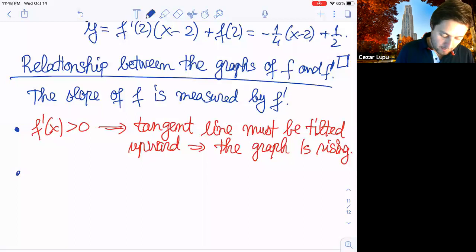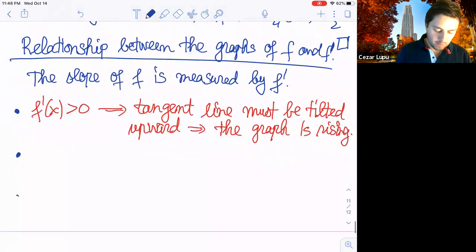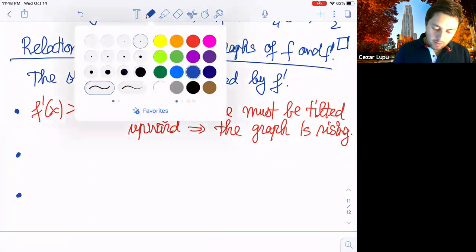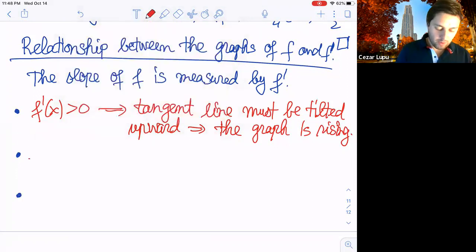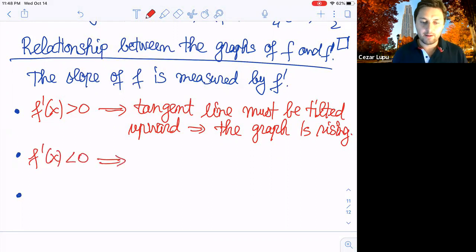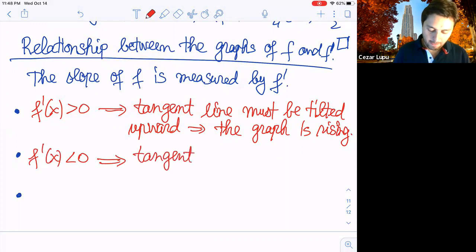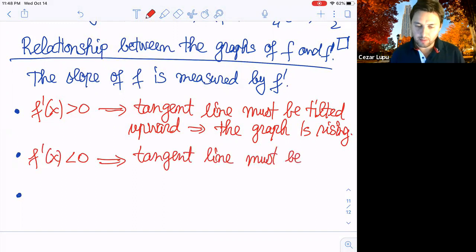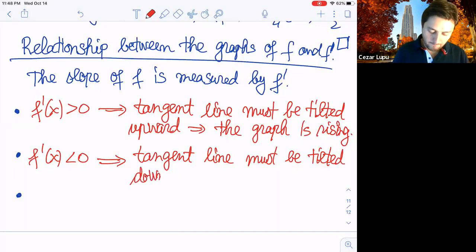Now, as you can imagine, when the first derivative is negative, this will imply that the tangent line must be tilted downward. So this means that the graph is falling.